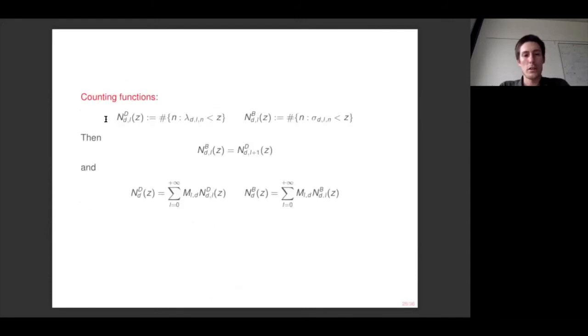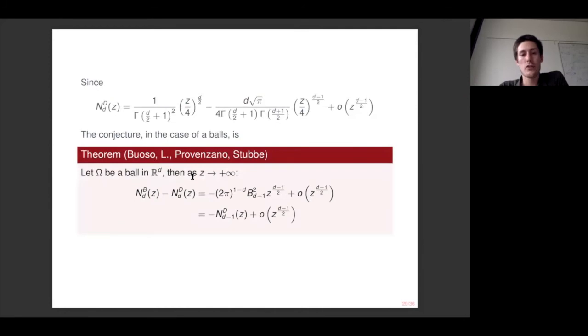We also introduce counting functions associated to eigenvalues with angular momentum L. One has this relation, and of course, the full counting function is nothing else than the sum over all angular momenta of the counting function with angular momentum L times the corresponding multiplicity. The two-term expansion for the Dirichlet Laplacian is known, and it's this one.